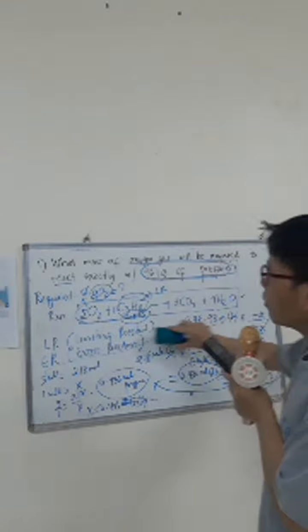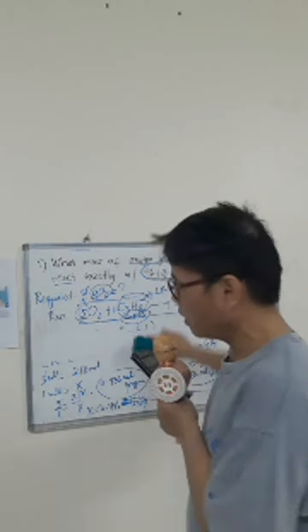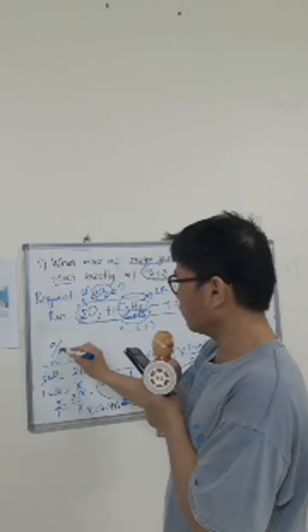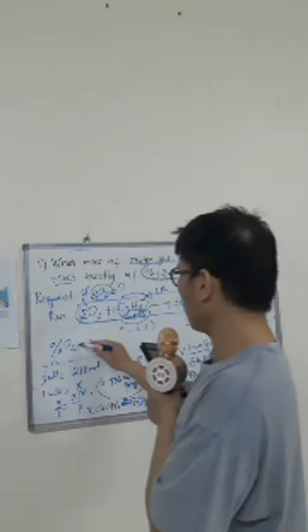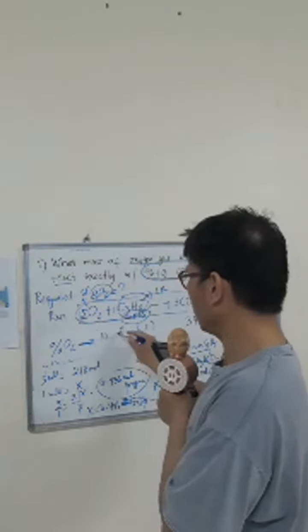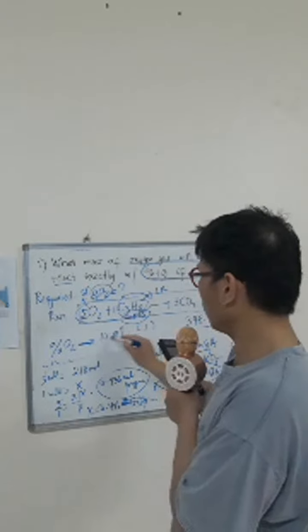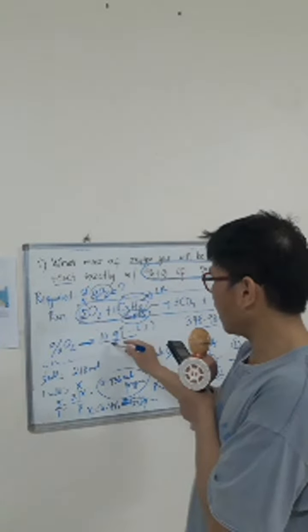In this case, how can we go with the percentage yield? Percentage yield of oxygen is equal to the moles of oxygen in the final that we get, which is 10.91, and then the actual yield over the theoretical, which is 5.